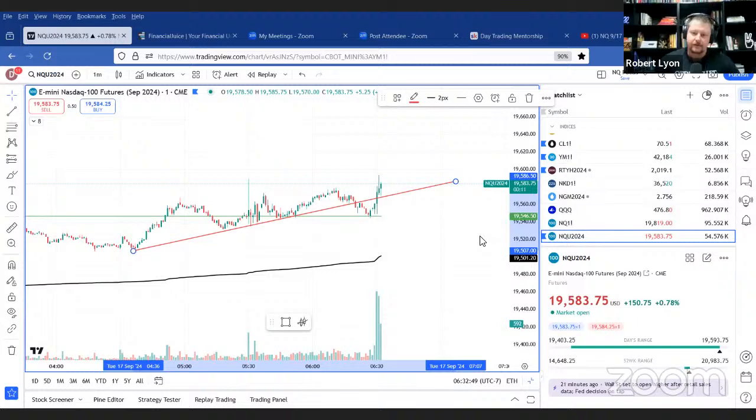But yeah, we're coming up on the 5 minute. I'll probably just do my little lines. Here was the high. Give it a minute, see if we break through the bottom.